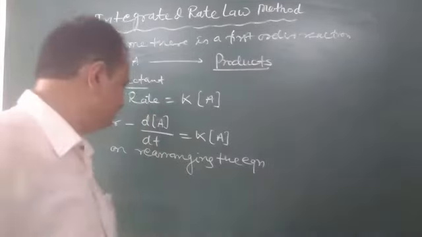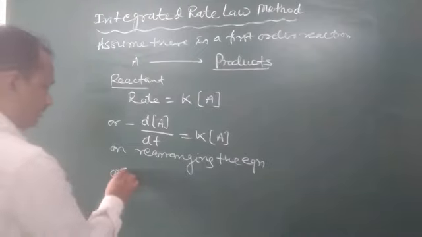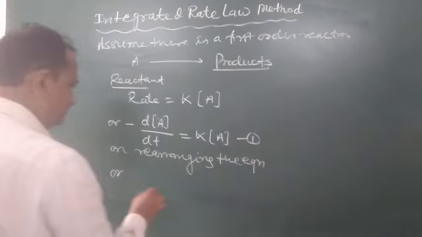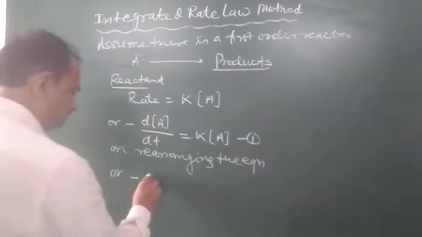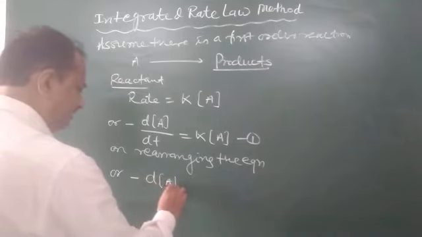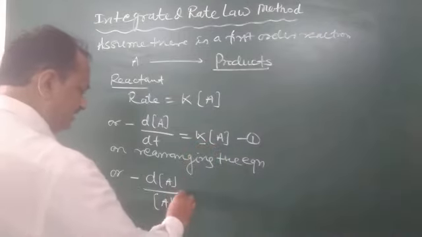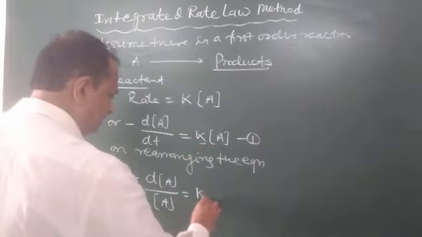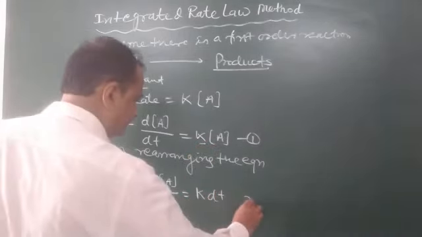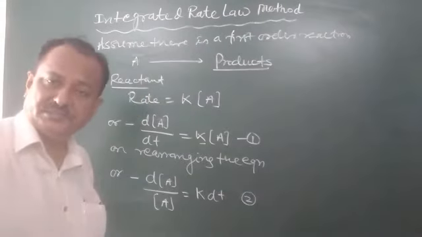So it can be written as minus dA upon A is equal to k dt. This will be equation number 2.